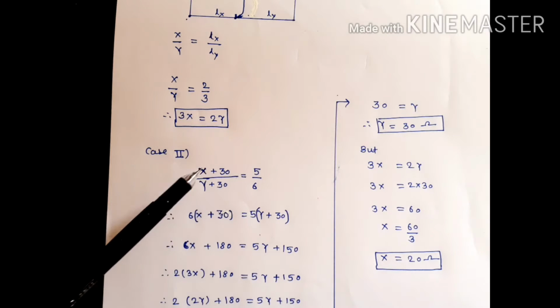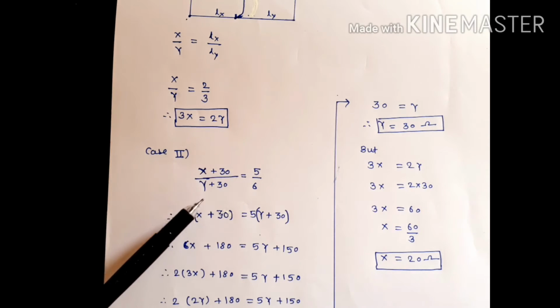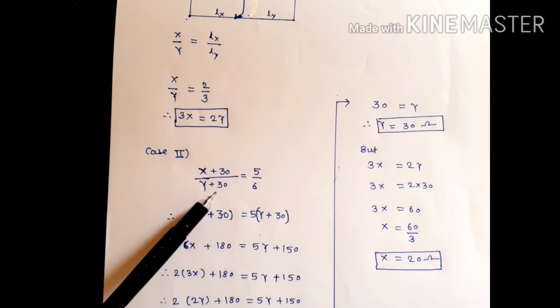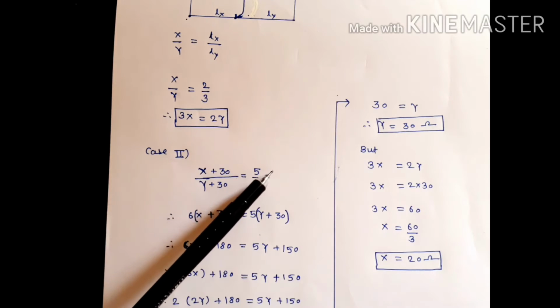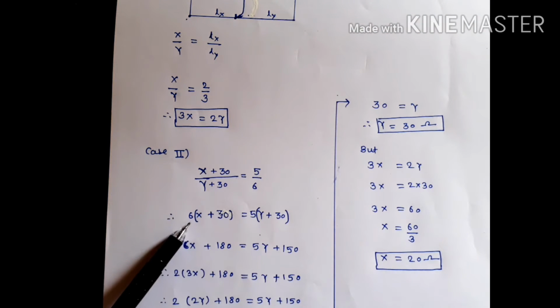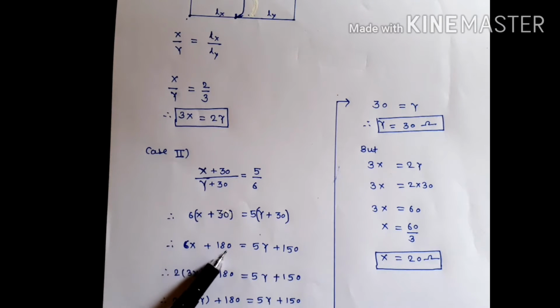Then after taking the cross multiplication, 6 into bracket X plus 30 is equal to 5 into bracket Y plus 30. Now, by multiplying 6 to each term present in the bracket, it becomes 6x plus 180.